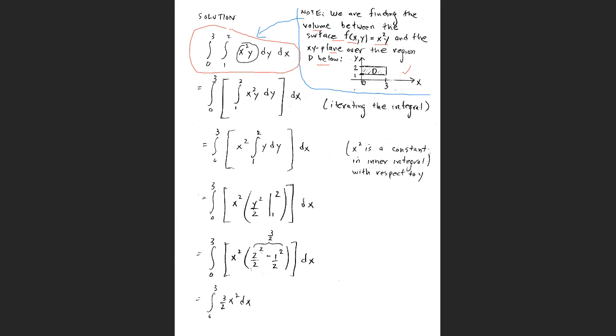That's right, Charles. That's good, Juliana. Good, Madeline. This function is always positive in quadrant 1. So the volume between that function, x squared y, and the xy plane over region D would have to be a positive volume. Okay, let me give you a moment here.